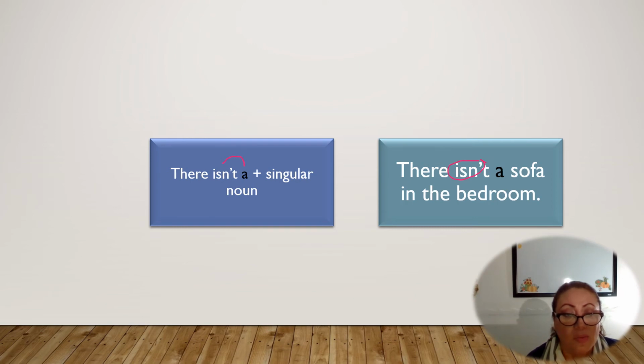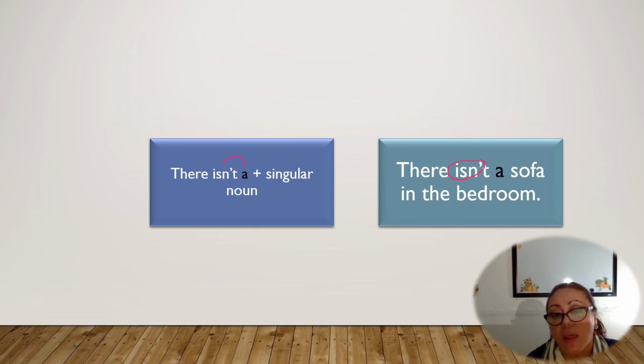Now, see, this is what I was talking about before. You have there isn't a, because the contraction here is different. You are using a different type of contraction, isn't. So there isn't. The one before was there's no, here is there isn't. The meaning is the same.